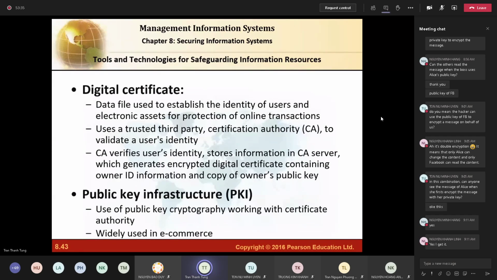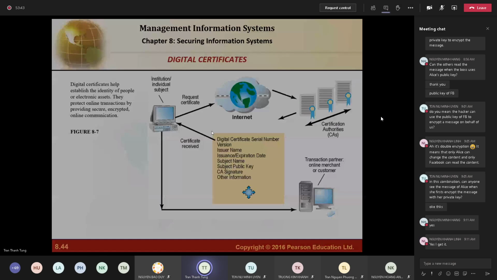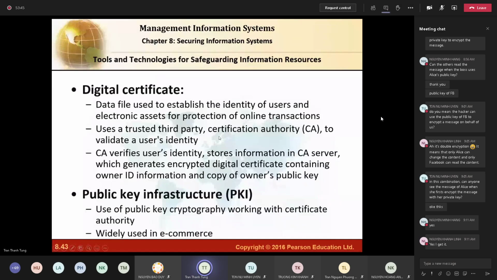So here the idea is that on the internet, or internet communication, people will have some certificate authority. Not famous, but very trustworthy, a trusted party.